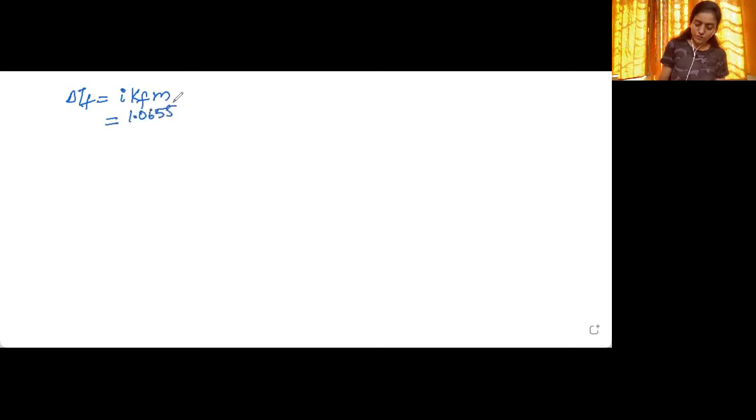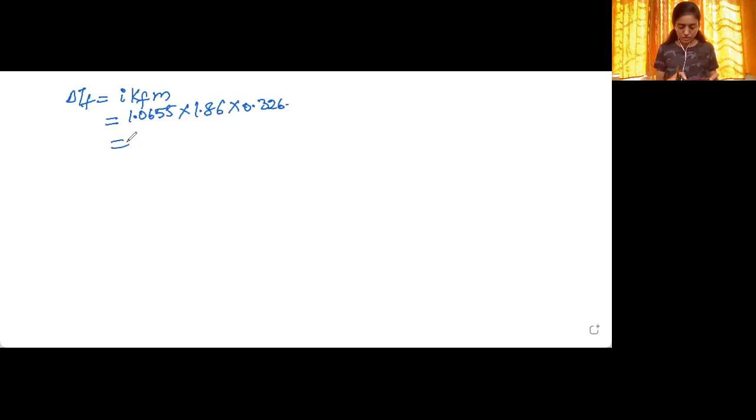We can just write delta Tf is equal to i into Kf into m. So i is 1.0655, Kf has been given to be equal to 1.86, and molality was 0.326. Okay, so we can just quickly multiply all these and get the answer.